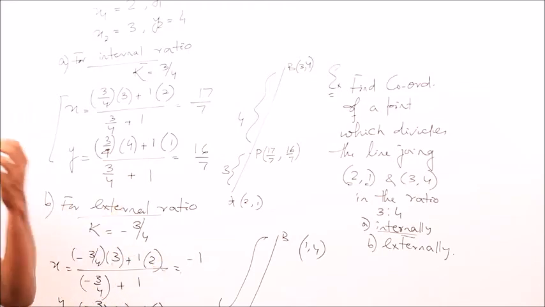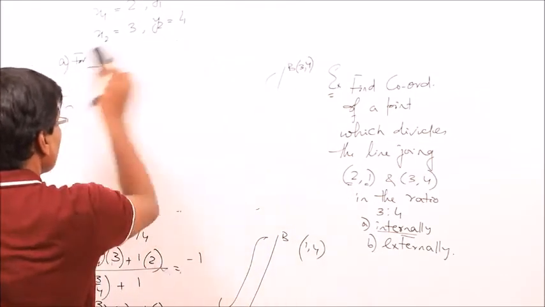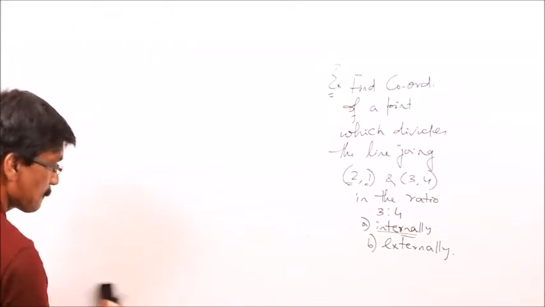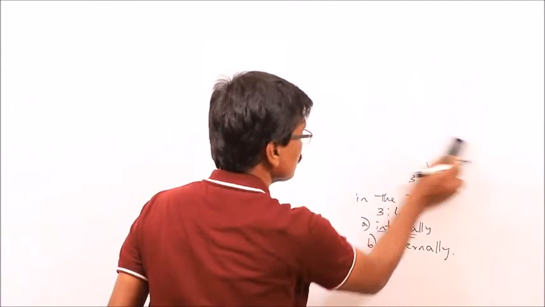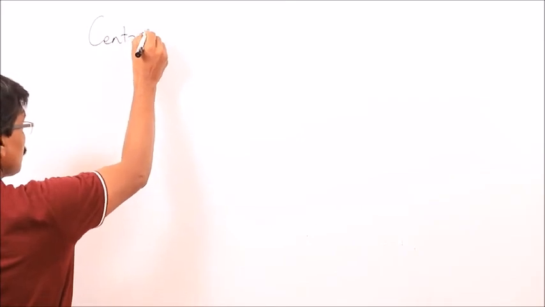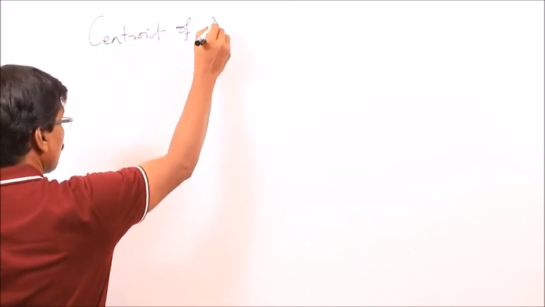So this is all about ratio formula, the ratio between two lines. So we have also centroid of a triangle. So from ratio formula we have centroid of triangle.